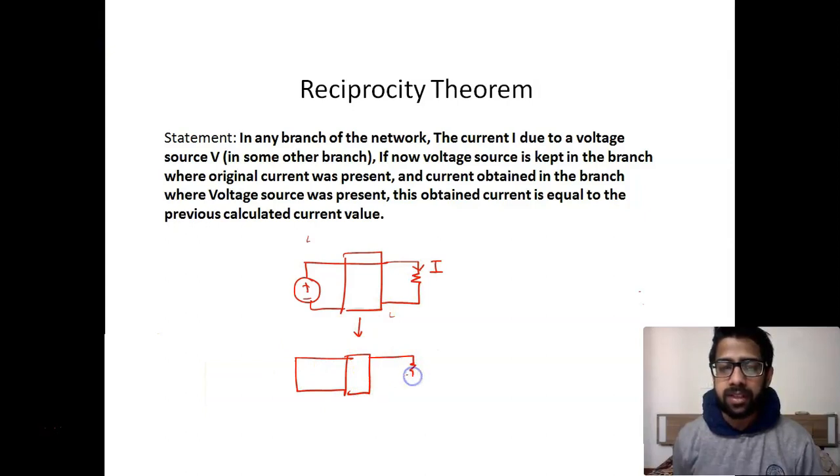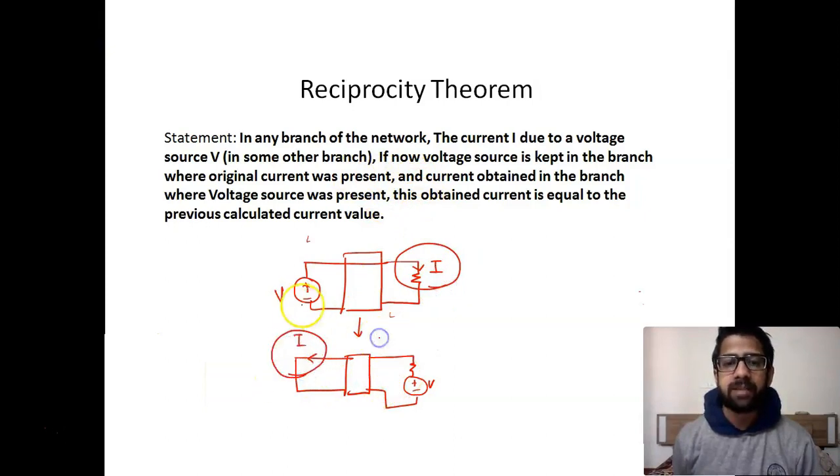So this was the resistance, and we are putting this voltage source up here now, and we will be calculating the current in this particular branch where the voltage source was present. So according to the reciprocity theorem, the current remains the same. This current will be the same if you just change the positions of the voltage source and the current. Let's see how it is done.